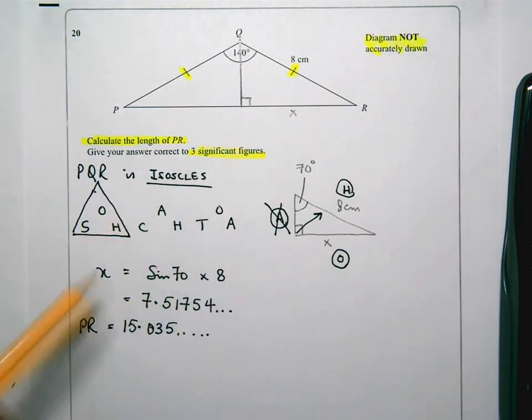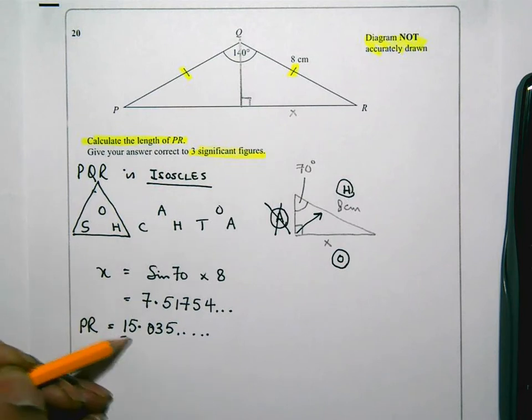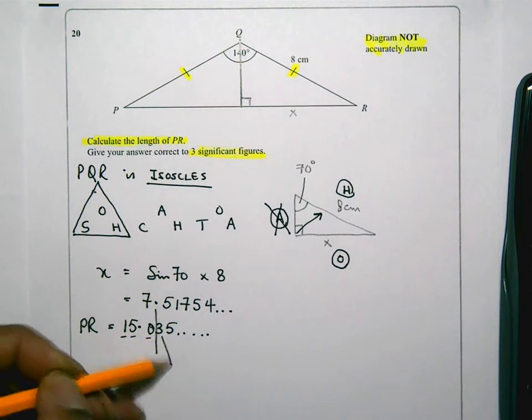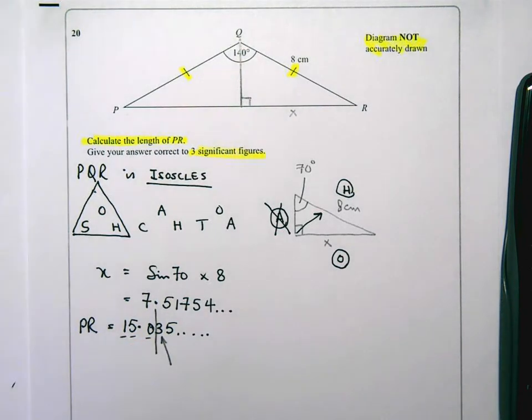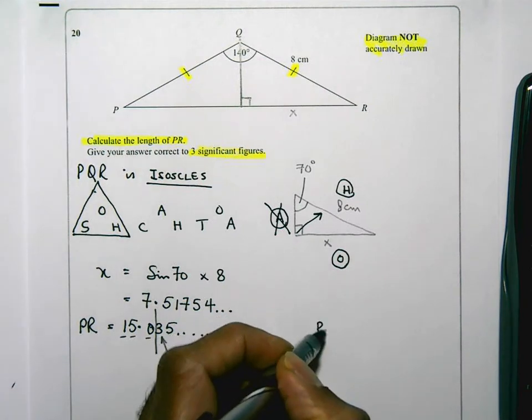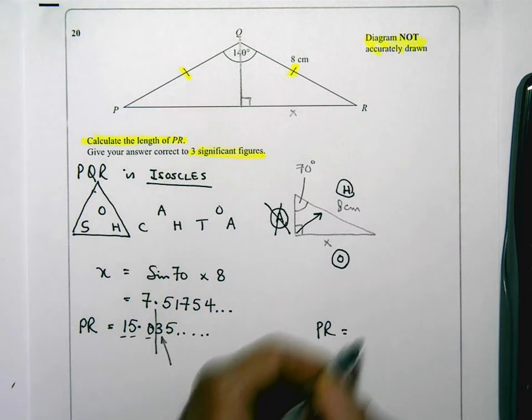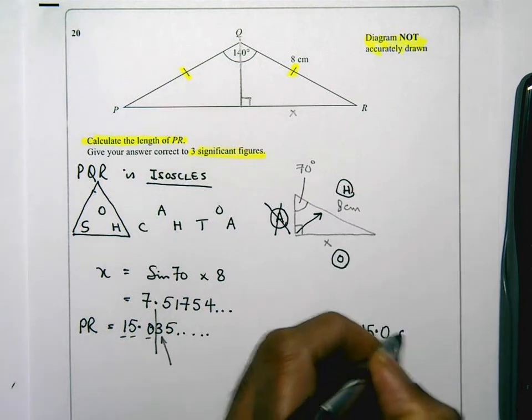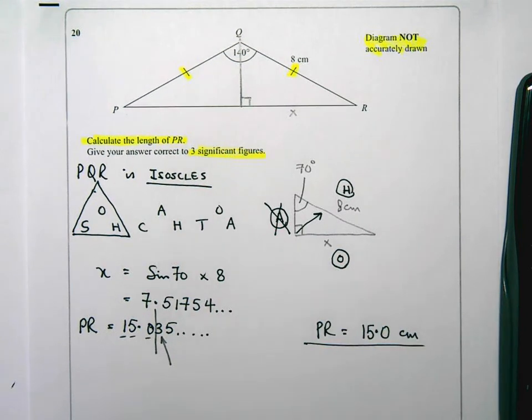Again, starting from the front, 1, 2, 3. I'm going to chop it off there and look at the next number along. That's less than 5. So I don't need to do any rounding at all. PR is going to be 15.0 centimeters long.